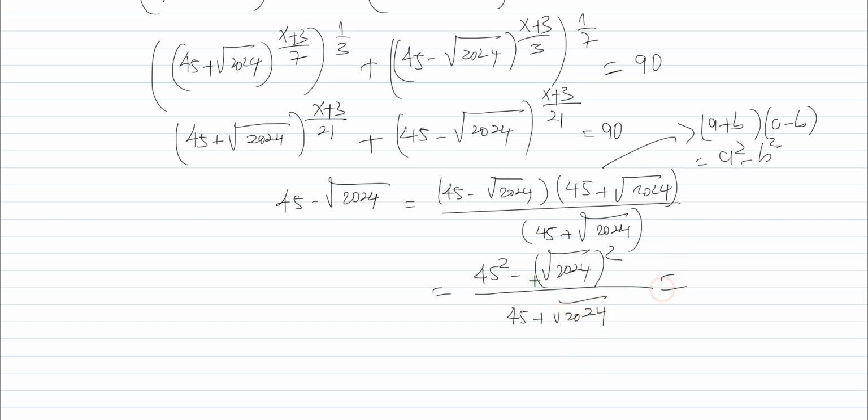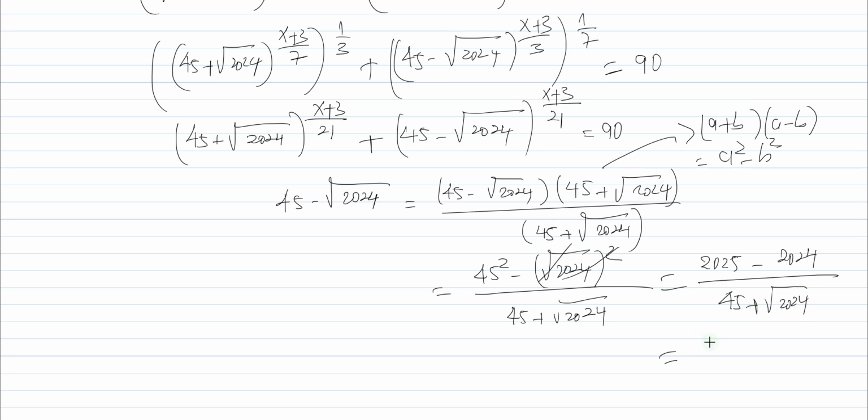So guys, this is going to be 45 to the power of 2, which is 2025, minus 24, and then 45 plus square root of 24.